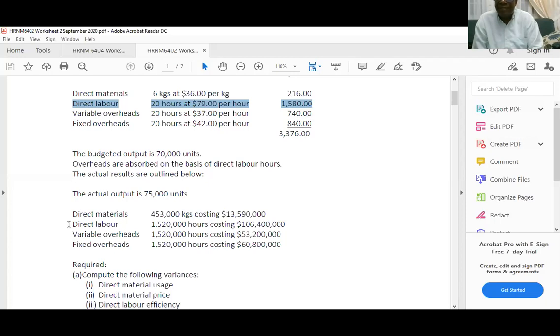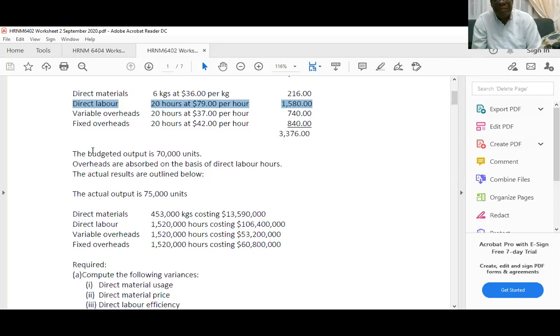That is the expected labor cost to make 1 unit. We expect to use 20 hours, and we expect to pay $79 for each hour, and therefore we expect the labor cost to be $1,580.